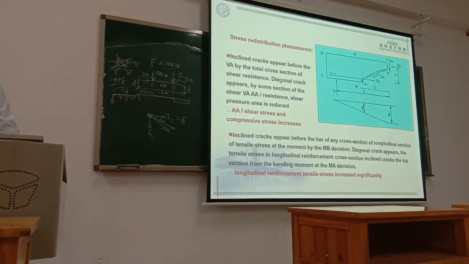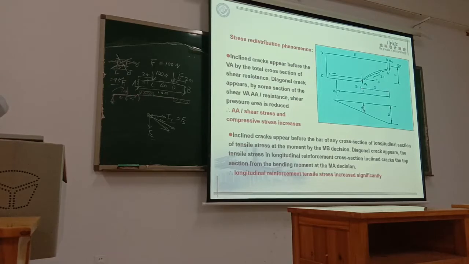Also at the top, some part of the concrete remains uncracked. At this part, the concrete resists the compressive force. So here we get this compressive force and also part of the shear force. Also along this crack, the concrete can have some friction or biting force, because the surface is not so smooth.